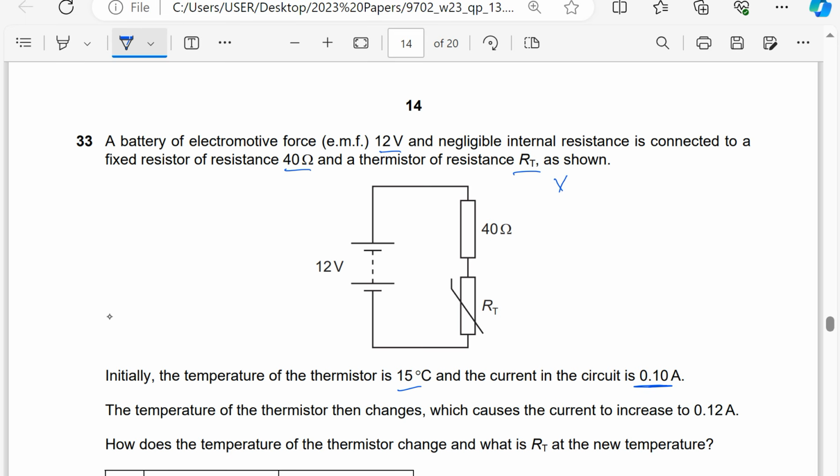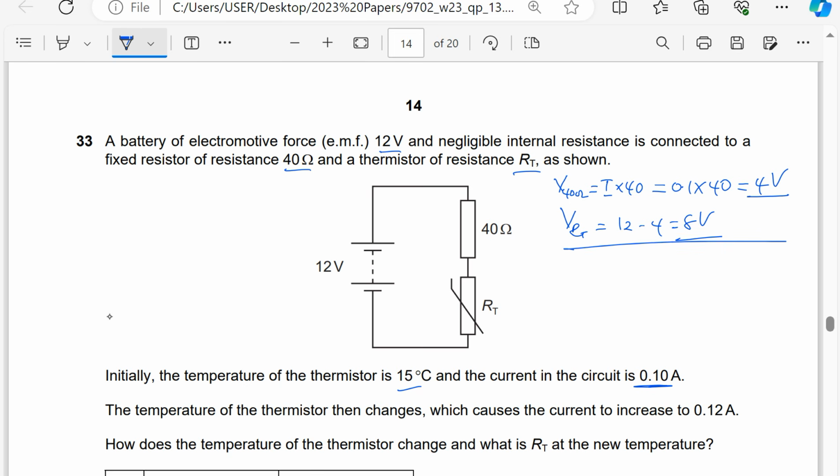V across the 40 ohms is equal to I times R, which is 0.1 times 40, which is 4 volts. Initially, the PD across RT is 12 minus 4, which is 8 volts. So initially the PD across the 40 ohms is 4 volts and the thermistor is 8 volts.